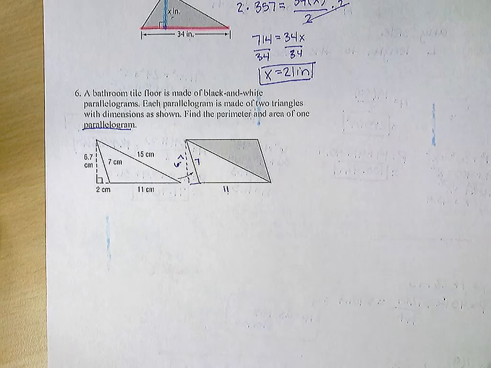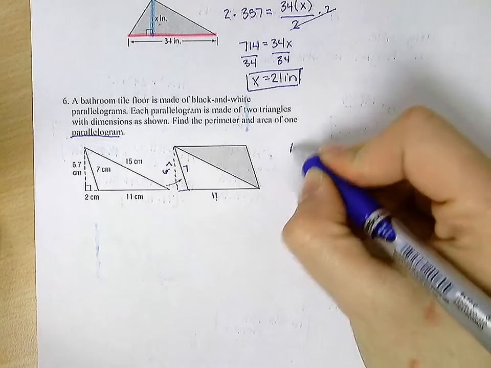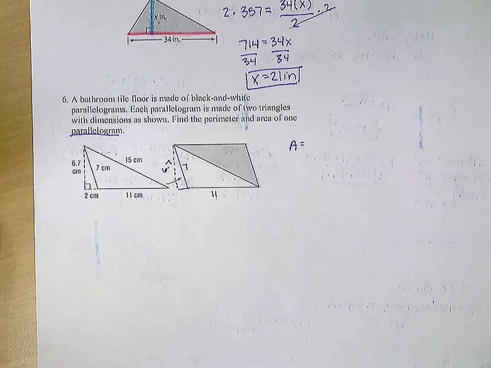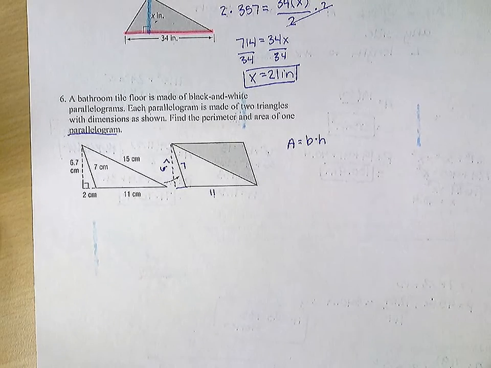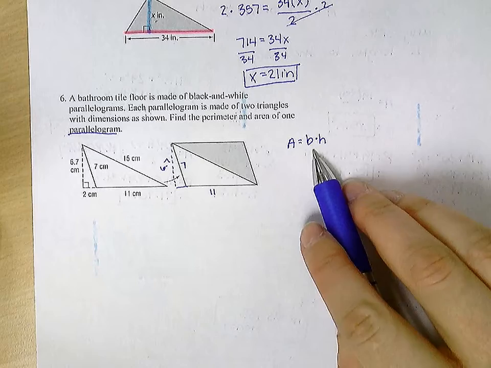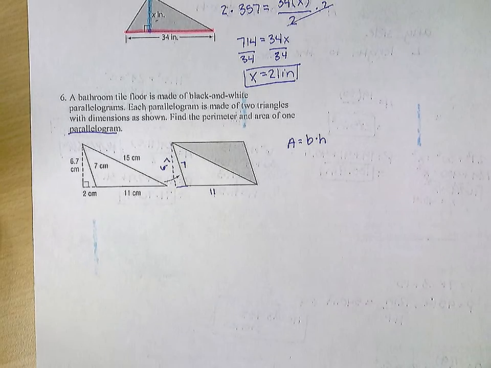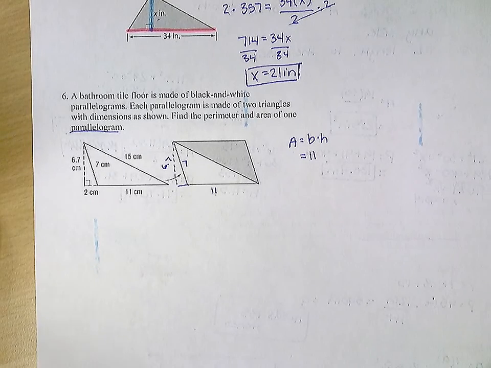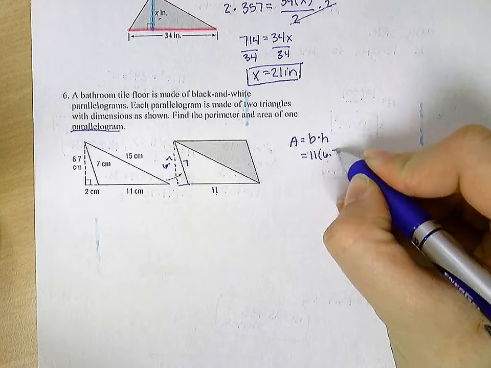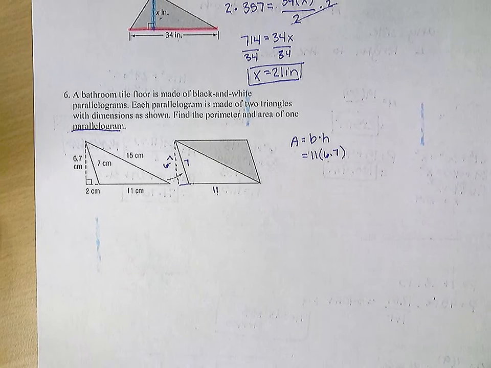For a parallelogram, your area, again, from yesterday, is base times height. What's the base of this parallelogram? 11. What's the height of this parallelogram? 6.7. Okay, for a parallelogram you don't divide by 2.